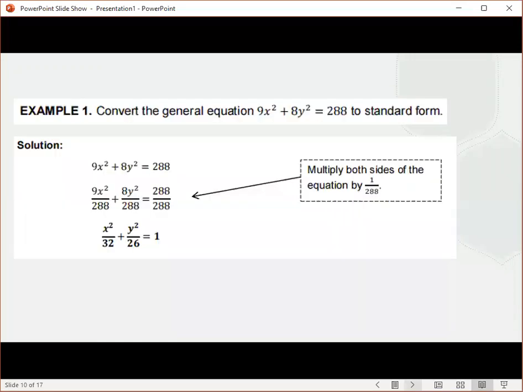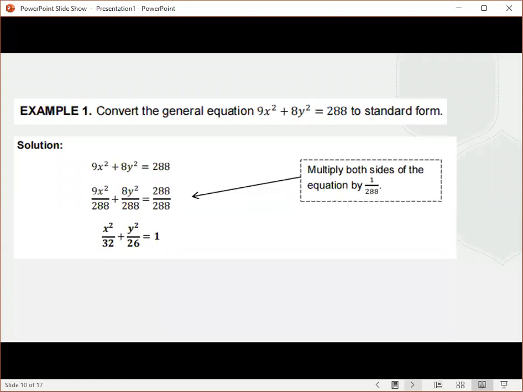Now, for our example, we need to convert the general equation to its standard form. So converting a general equation to its standard form, we'll be using the same process as what we did from the discussion of circle and the ellipse. All you need to do is to group our variables and then factor it out. Now take note.